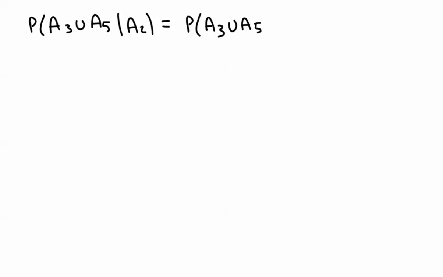All right, so let's work that out. From the definition of conditional probability, we have the probability of A3 union A5, intersect A2, divided by probability of A2.